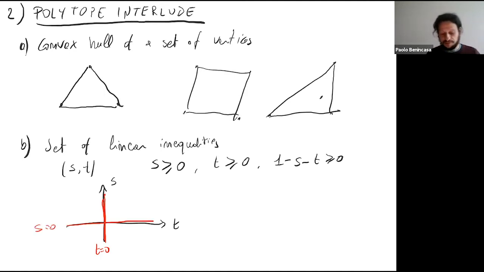The fact that you are taking an inequality means that, in the case of s greater than 0, you're taking the upper plane, t greater than 0, the right plane, and then 1 minus s minus t defines this other line. So the intersection of the regions given by the inequalities is just this interior.